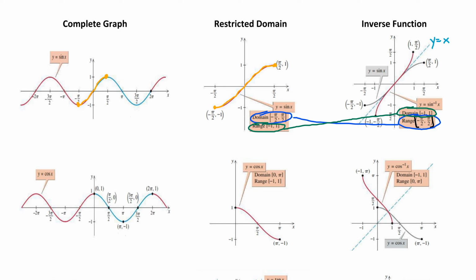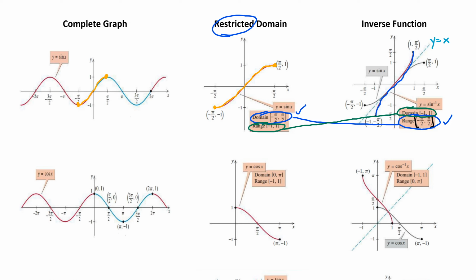Then, when we reflect that graph across the line y equals x, this generates the graph of the inverse sine function. The domain of the inverse sine function is the range of the original sine function, and the range of the inverse sine function is the restricted domain of the original sine function. And that's how we handle the inverse of a function that's not originally 1 to 1.